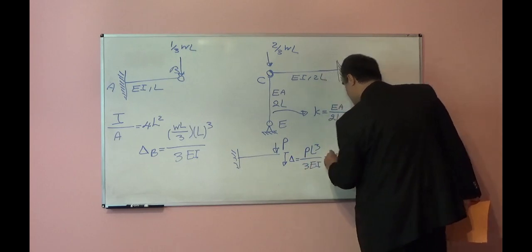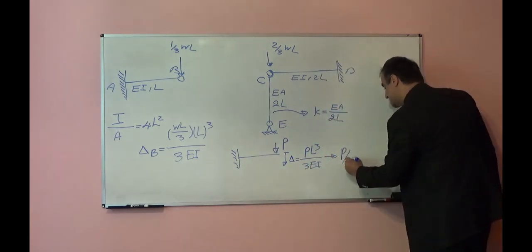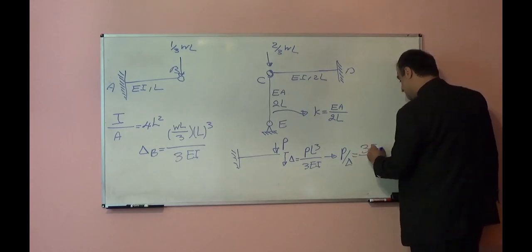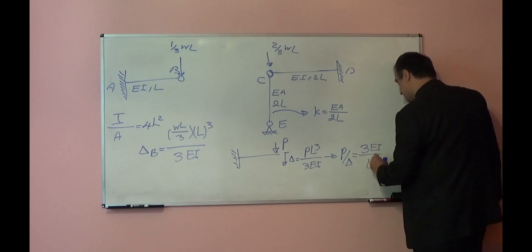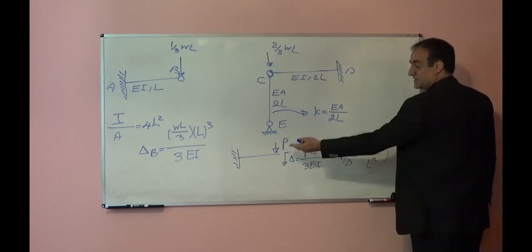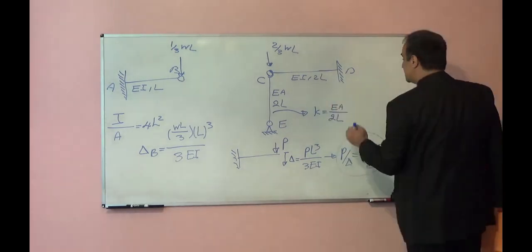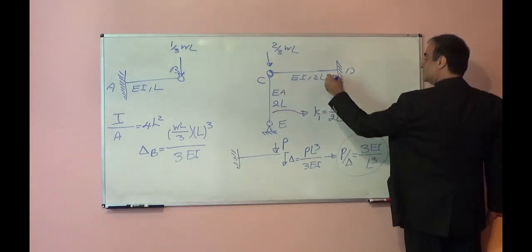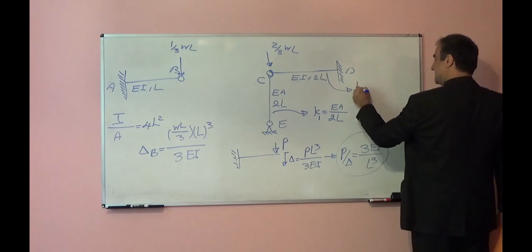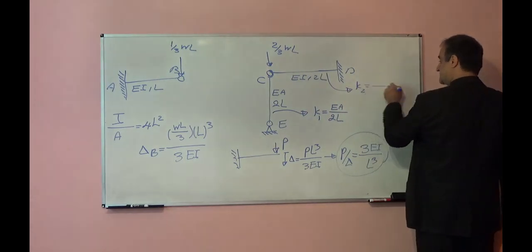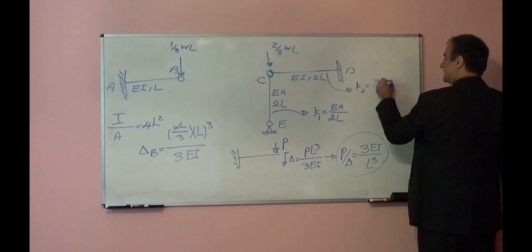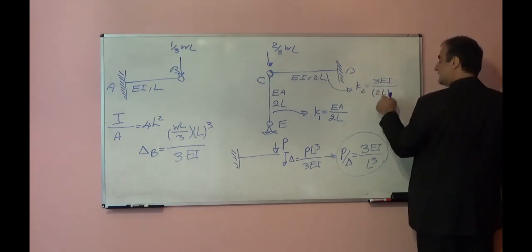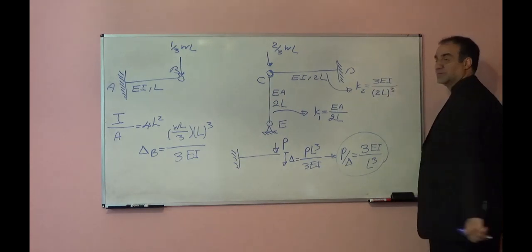From here, P over delta, it means the stiffness of a cantilever beam will be 3EI over L cube in the general case. So the stiffness for the column, I call it K1. The stiffness for this member, I call it K2, will be 3EI divided by L cube. L here is 2L, so I will plug in 2L cube.